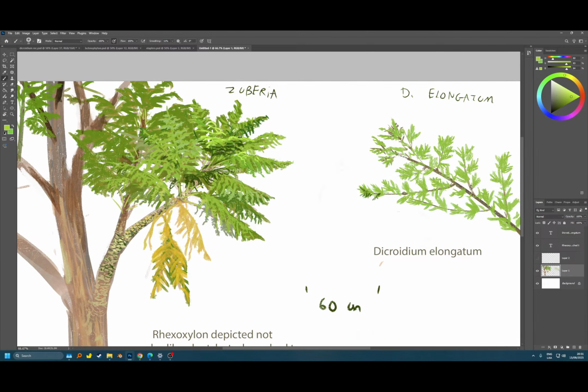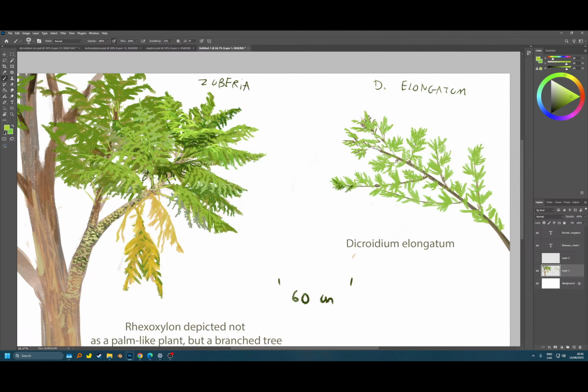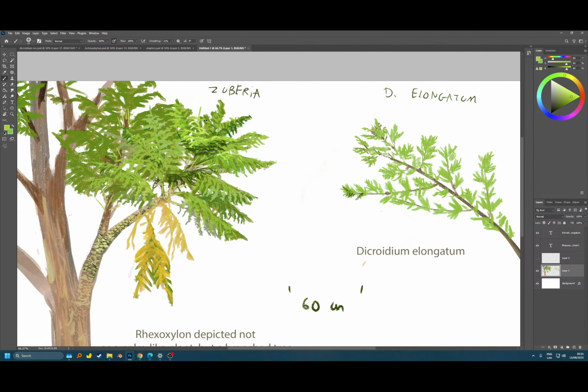It's hard to paint plants. But it's not that hard if you do it like this though. If you go with a painterly approach, it's very easy.